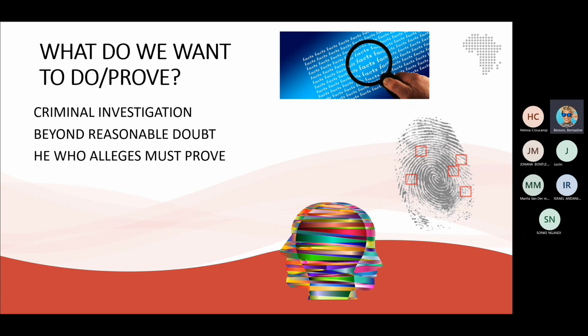Then a criminal investigation is done because we want to find the truth and arrest the perpetrator so that that person can have their day in court to answer the allegations set against them. Successful prosecution of the offender is what we want to achieve at the end of the day.